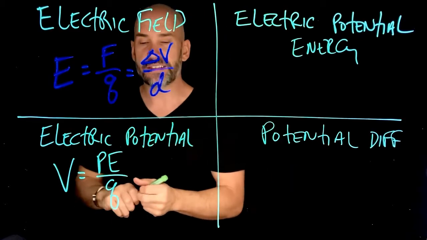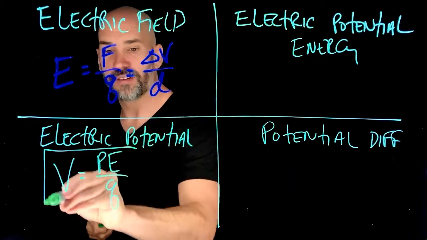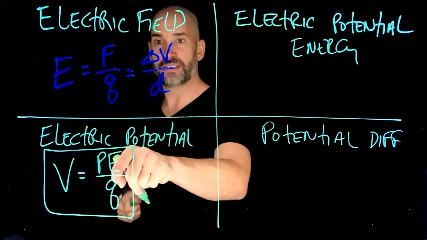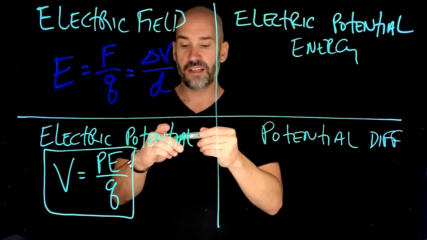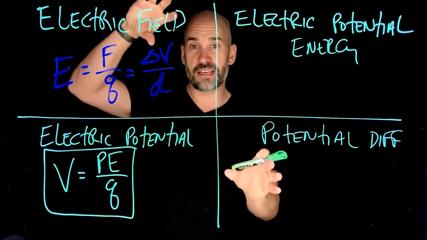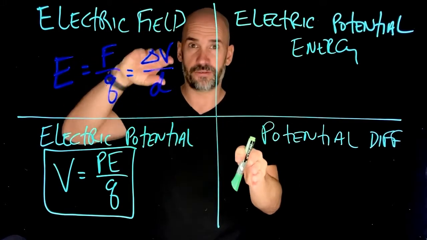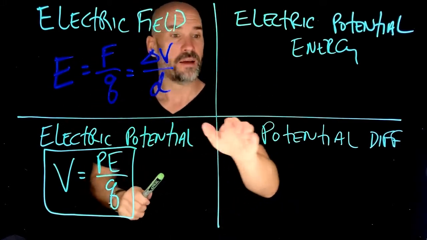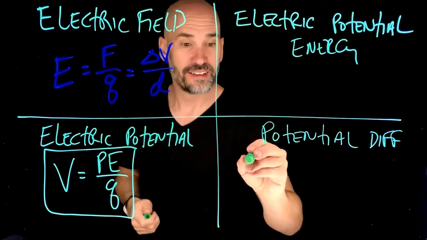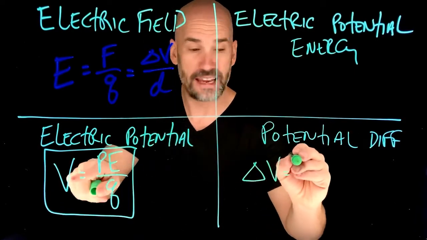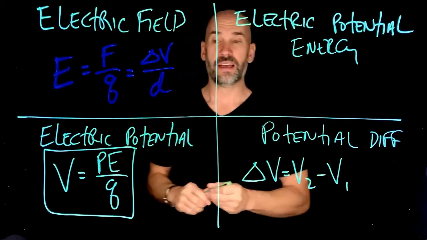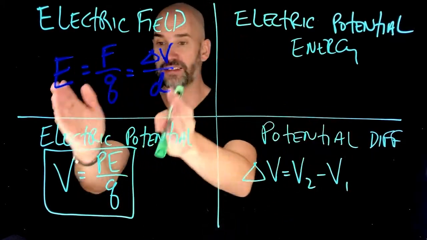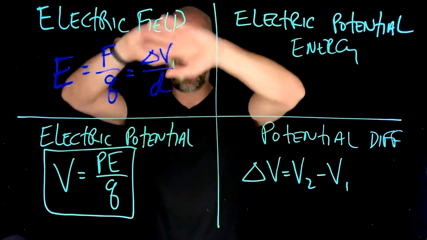So this is another way of explaining why action happens at a distance, but instead of saying that there's a field interacting with someone, it's saying that there is a difference in potential and charge wants to move across that difference. Lastly, potential difference is just the difference between any two of these potentials, V2 minus V1. This is like your actual potential in your potential field.